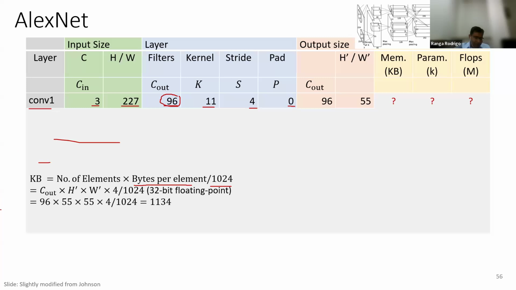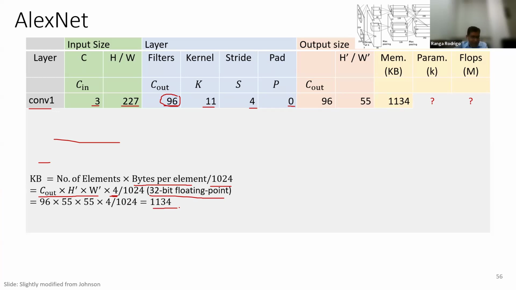So the output number of elements is C out times H prime times W prime, right? And then each element has to be held by 4 bytes because we need to use 32-bit floating point numbers to hold it, no? So divide by 1024 to make it kilo, and you get 1134 kilobytes.